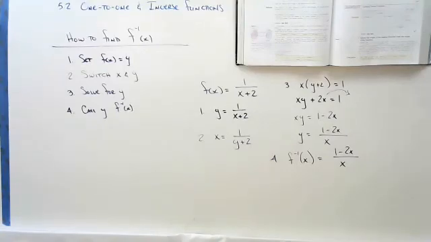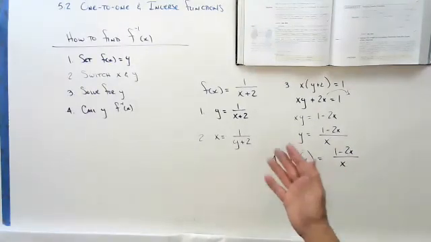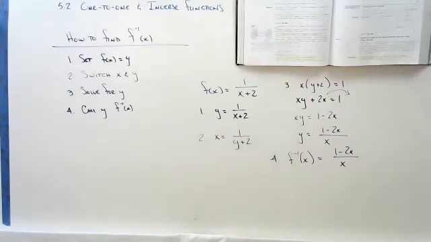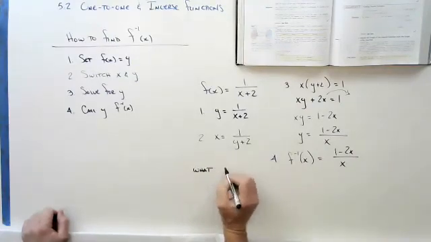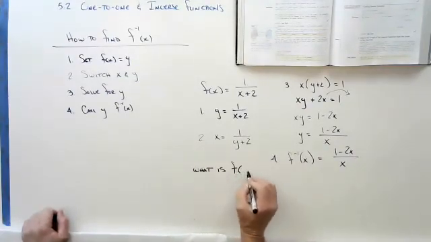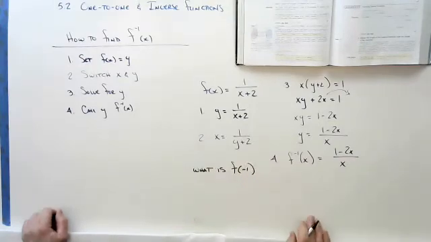Now, the real important question is why are we doing this? I haven't even told you what an inverse is. I just said it's this thing you go find. Why do we care what it is? Well, let's ask ourselves this: what is f of -1?